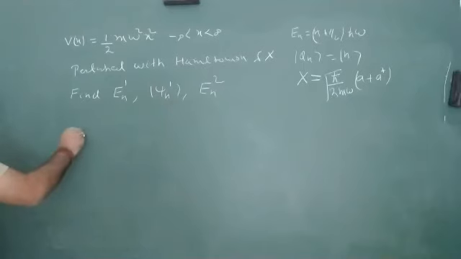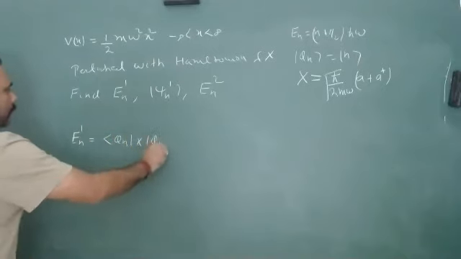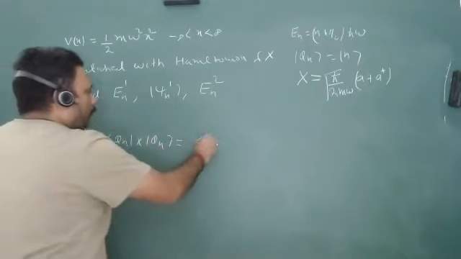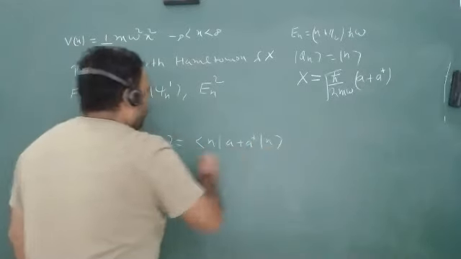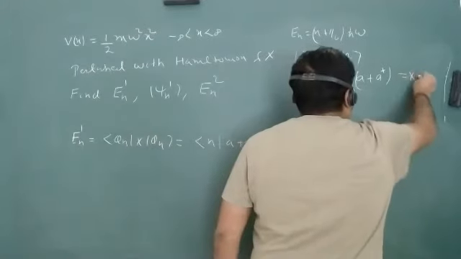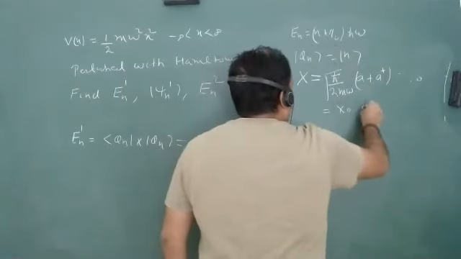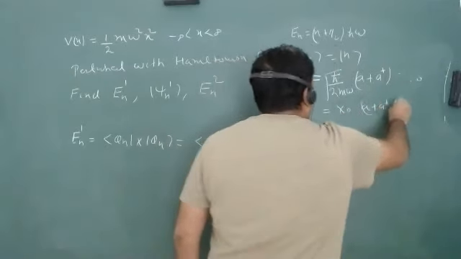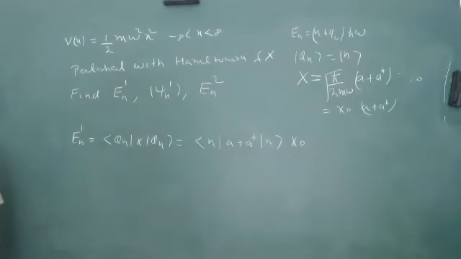So E n1 will be phi n x phi n, and you have n ket a plus a dagger n ket, and I am just writing x naught, a plus a dagger. So x naught is there. What will be this value? 0.